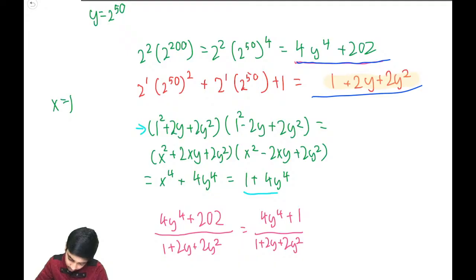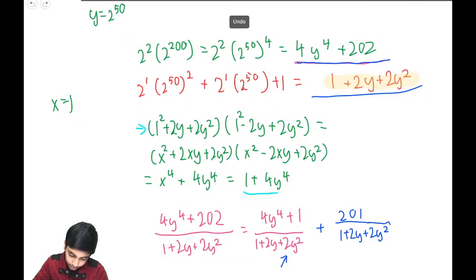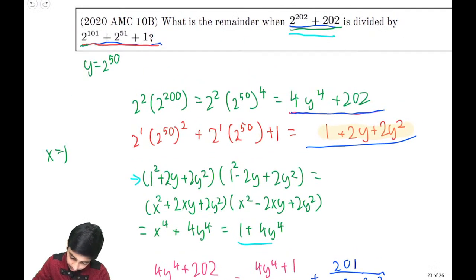So this is an integer. But then we also know we're adding 201 divided by 1 plus 2y plus 2y squared. So this will obviously leave a remainder of 201 when divided by that. So 201 is the answer.